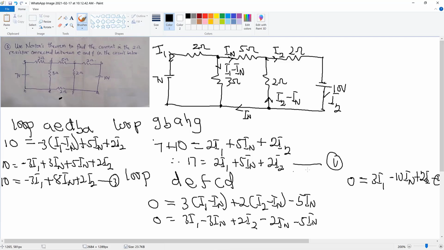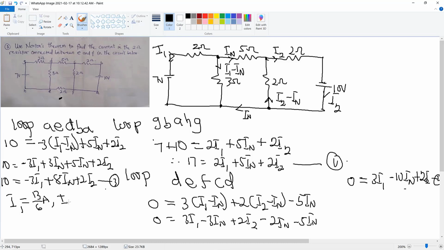So solving equation 1, equation 2, and then equation 3 simultaneously, our value for I1 using the calculator is going to be 13 over 6 ampere.